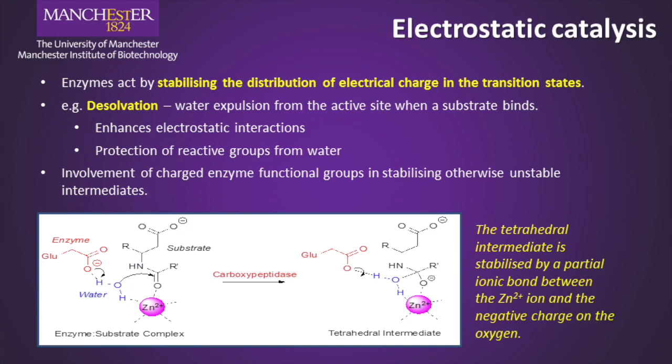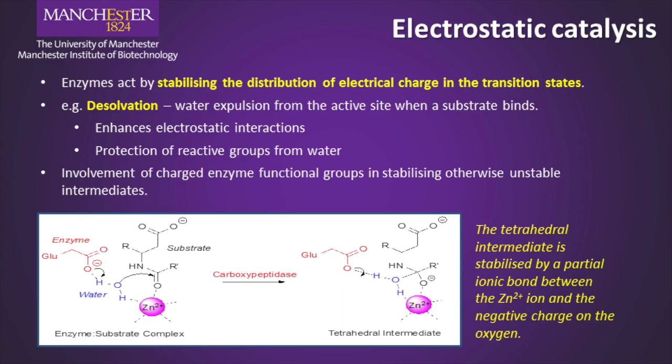Also, desolvation that we briefly introduced in the first module involves water expulsion from the active site when a substrate binds, and by expelling water from the enzyme active site, we can enhance electrostatic interactions that are already present in the enzyme active site. Expulsion of water can also lead to the protection of reactive groups from bound water in the enzyme active site.